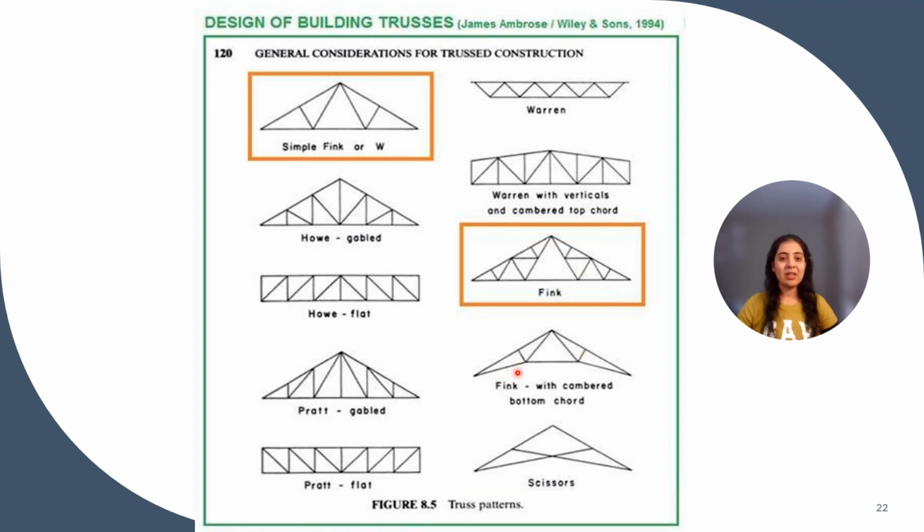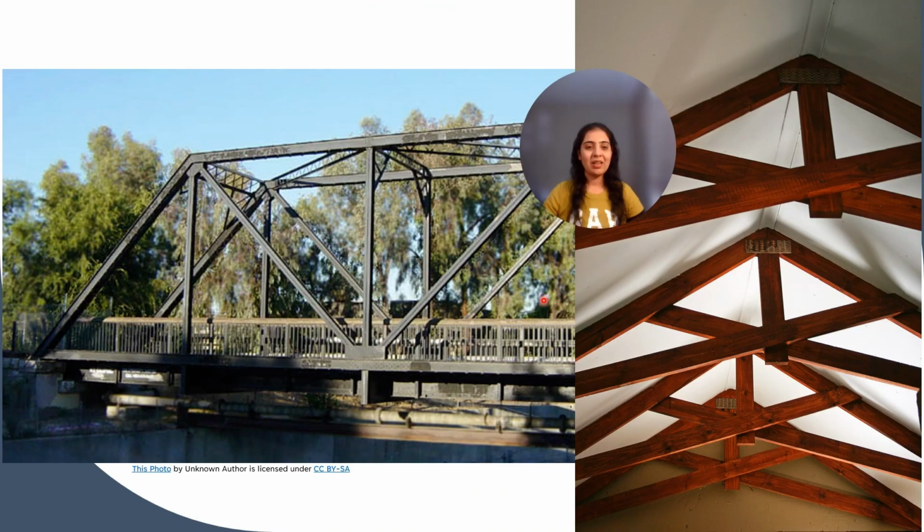This is a Fink with cambered bottom chord, and this is a Kaiser truss which is used for roofs. So these are some examples of trusses in practical life. Observe your surroundings and identify the types of trusses.